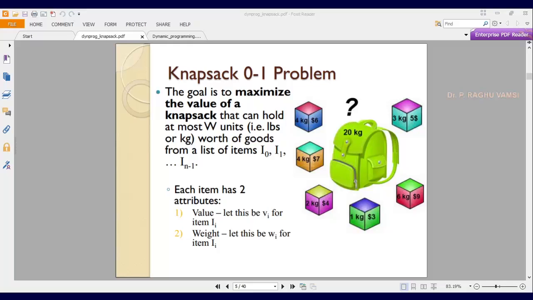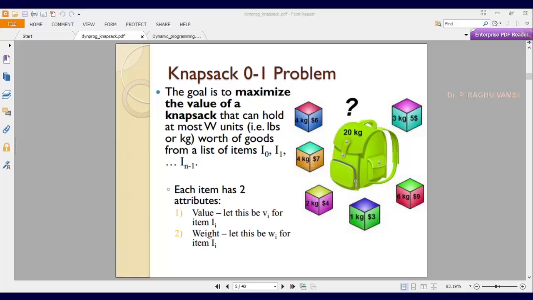This 0-1 knapsack problem cannot be solved by the greedy approach. The reason is that we cannot compare the sets. In the fractional knapsack problem we can check whether what we have considered is the best solution, but here we cannot make a comparison with the previous one.